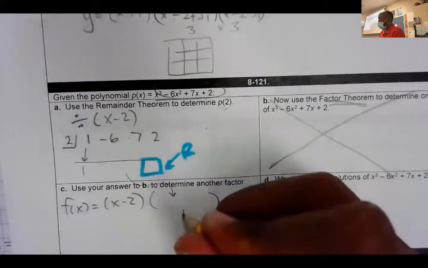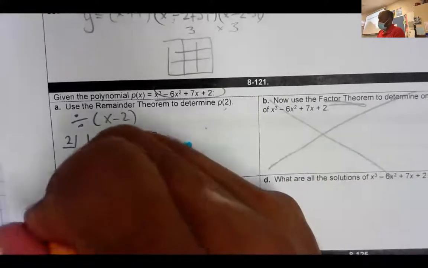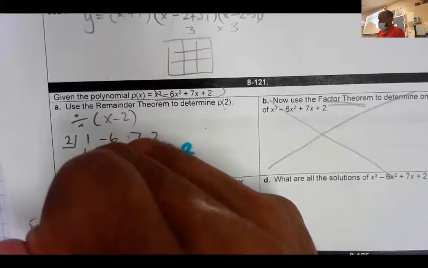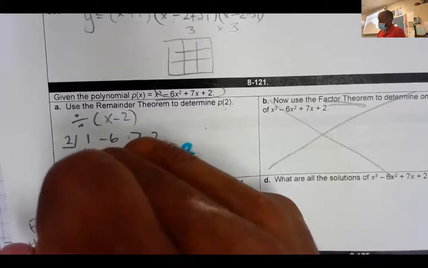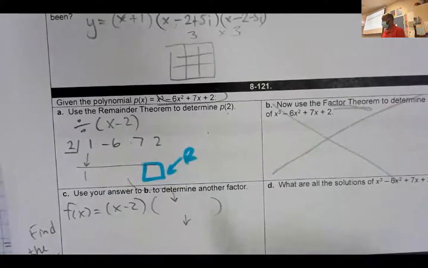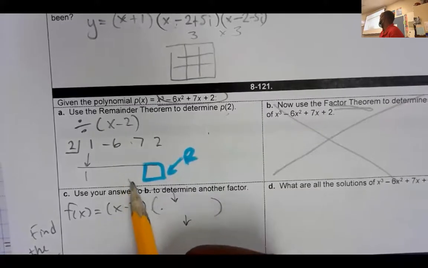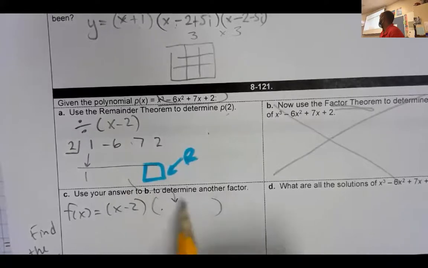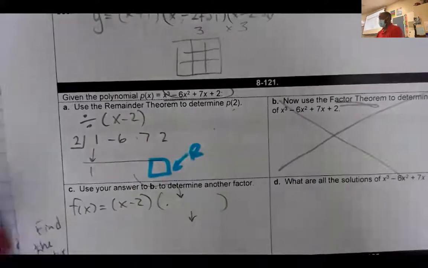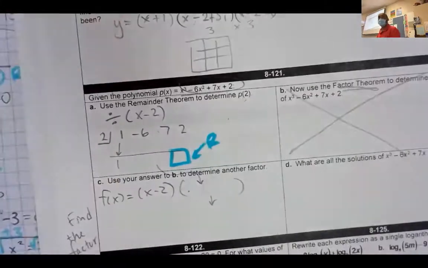And then from that, find the factors. And you'll end up with the x squared term, right? So this is going to be something you're going to be able to factor. So basically just take your answer from here, plug it in there, and then factor this out. Or find the roots from that one.